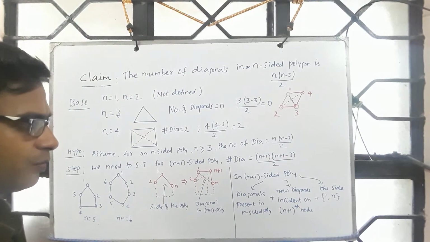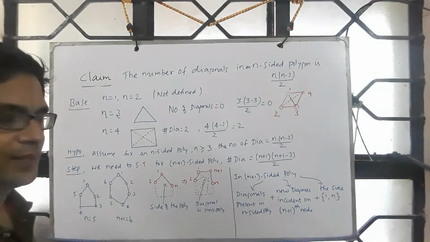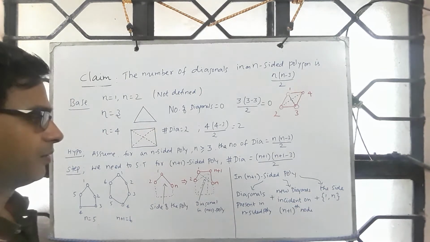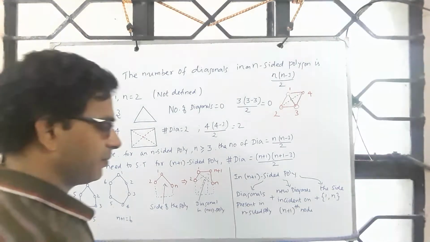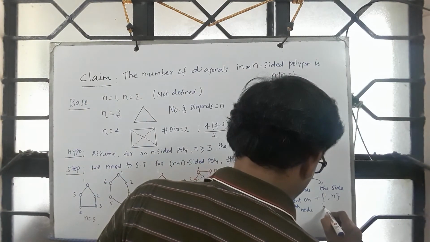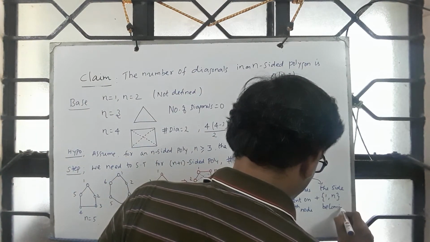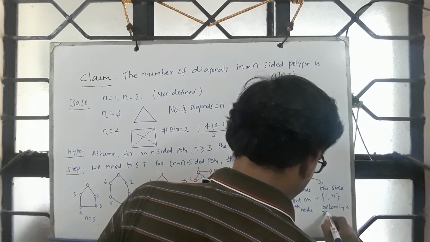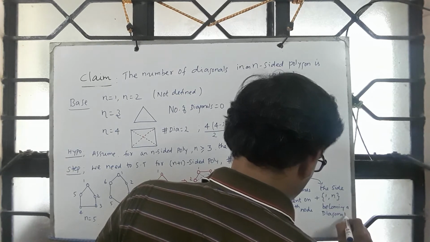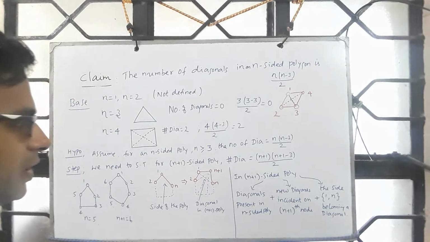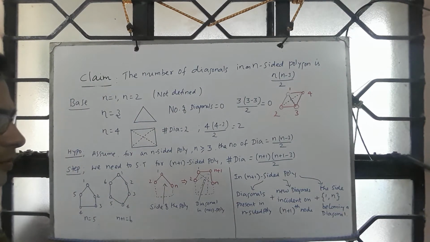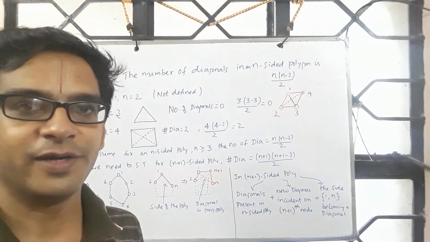That will no longer be a side, but it will become a diagonal. So the side 1 comma n becomes a diagonal. Now we just have to count all three to complete our counting argument.